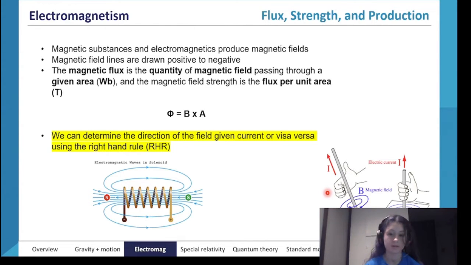Around the wire. Now, getting onto our application of the right-hand rule with solenoids. So, remember, a solenoid is a coil of current carrying wire wrapped with this core in the center.